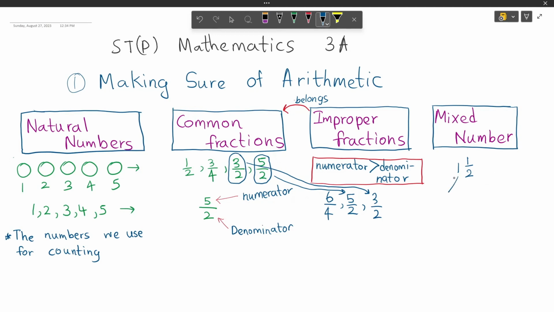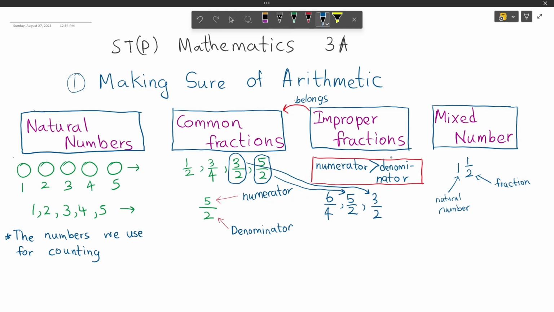This is a natural number. This is a fraction. So this kind of number is called a mixed number.